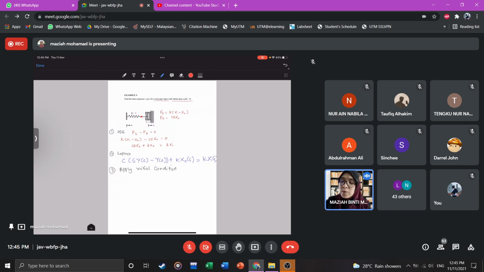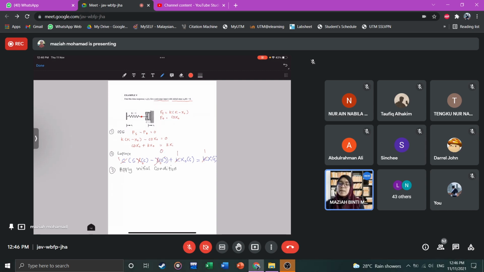C is given as 1, K is also 1, and the initial condition x naught 0 is 0. This one is x naught, this is x naught, and this is xi. So x naught 0 is 0, and this term is 0.